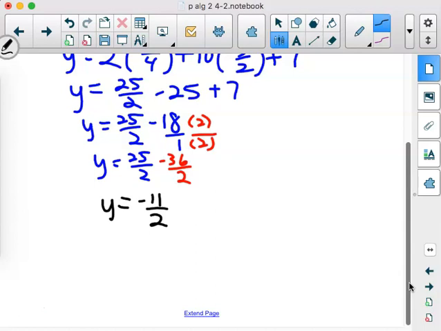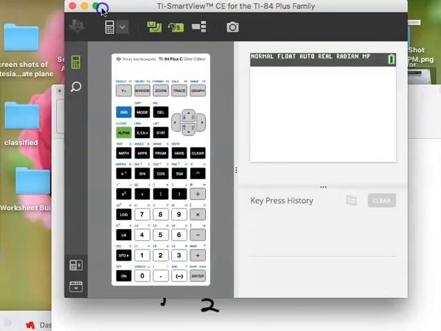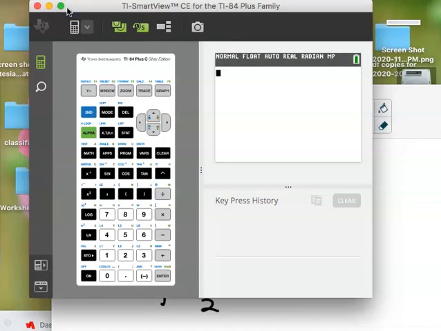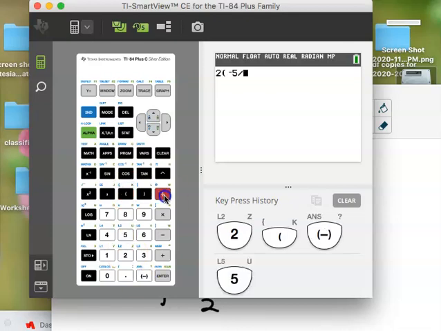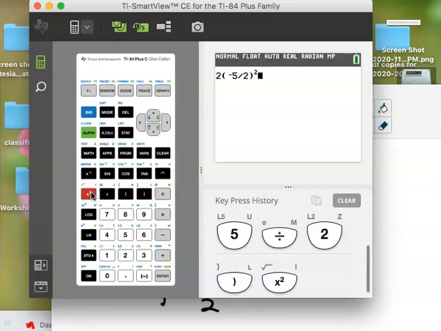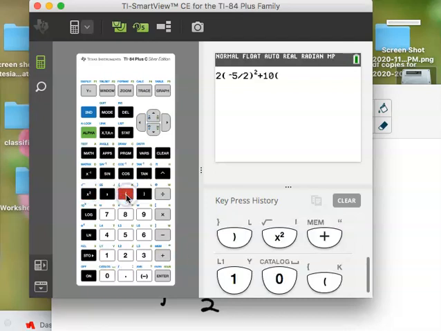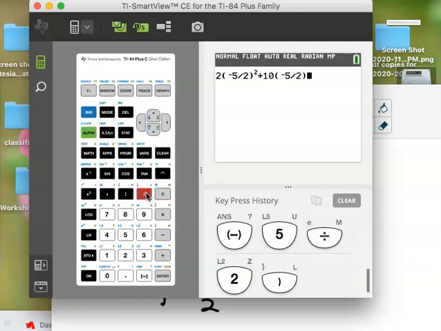Now, let me show you what I would do if I wanted to put this in the graphing calculator and let the calculator take care of all of that for me. So I'm on my main screen here, and I'm going to punch in the 2, parentheses, and then remember we had negative 5 halves, so negative 5 divided by 2, parentheses, squared, and then we had plus 10x, so plus 10, parentheses, our x again was negative 5 halves, and then we had the plus 7 in the back.